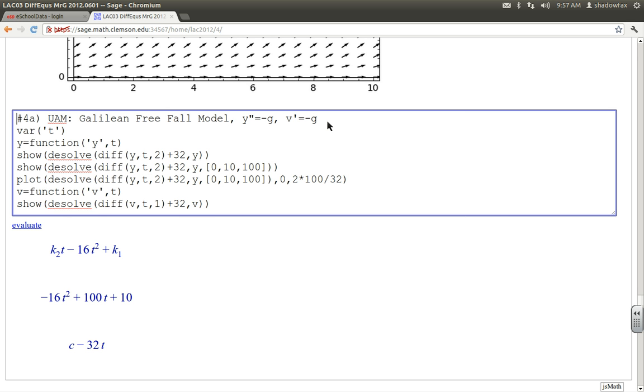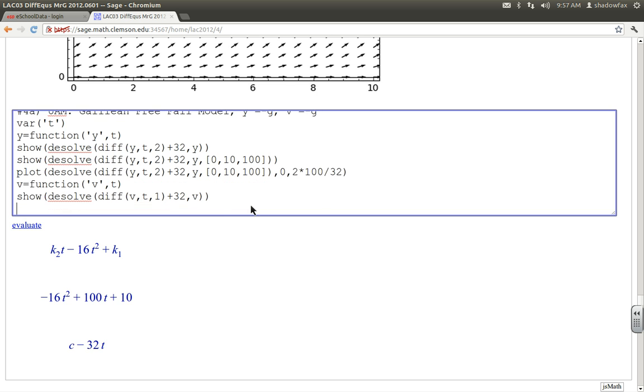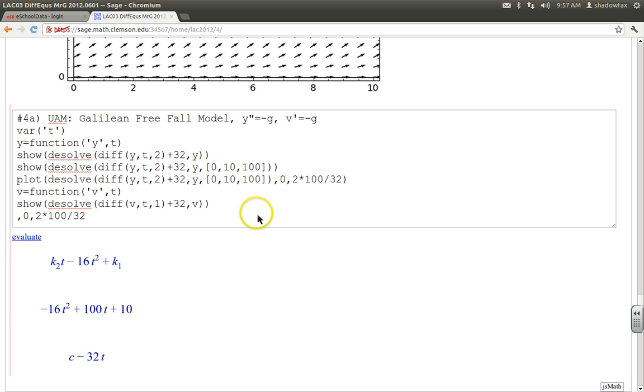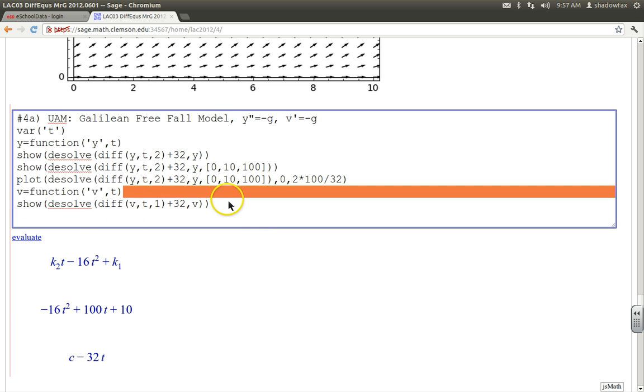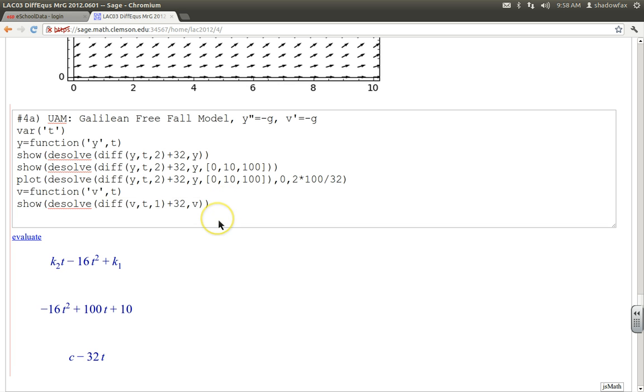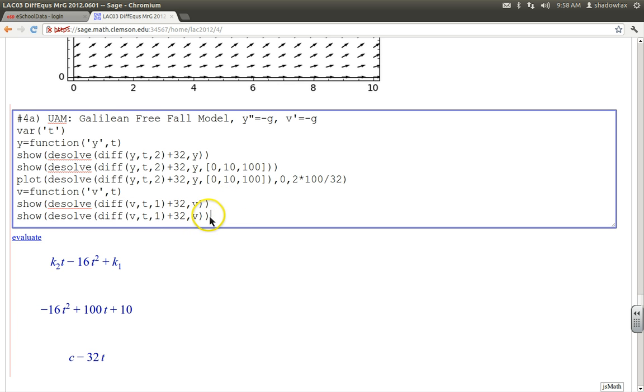How do you get c? The initial conditions, right. So let's show that. Whoops. I got to copy this. And let's show, in the DE solve, comma. Now remember, this is a first order differential equation, so I only have to put in the 0 and the 100.